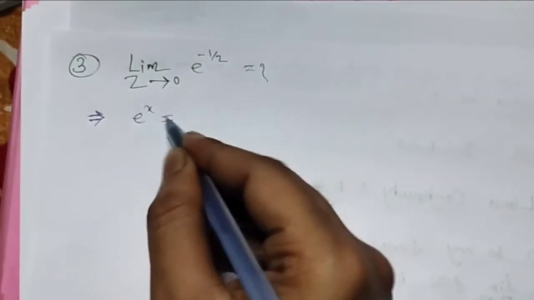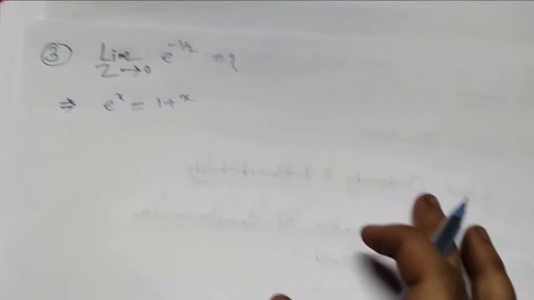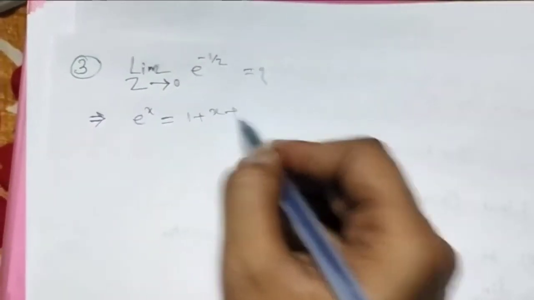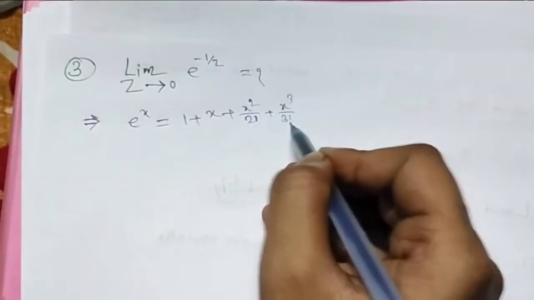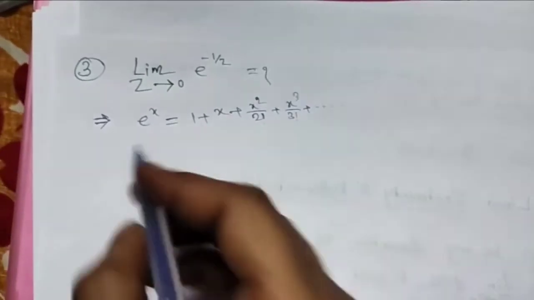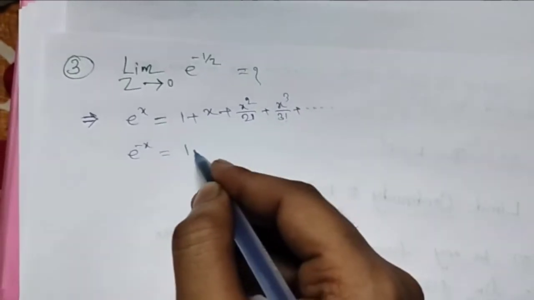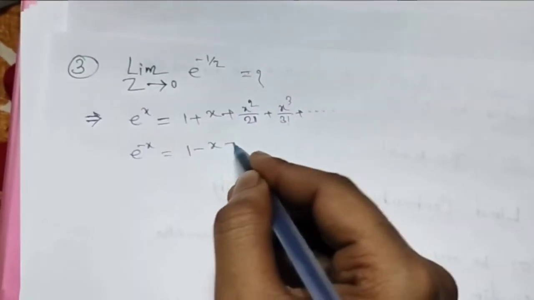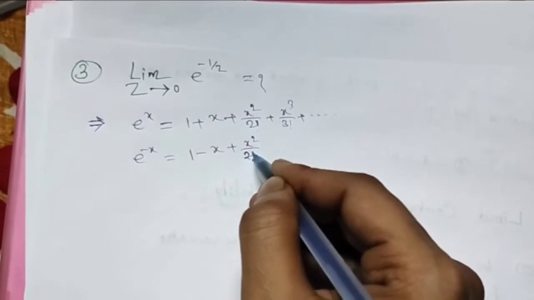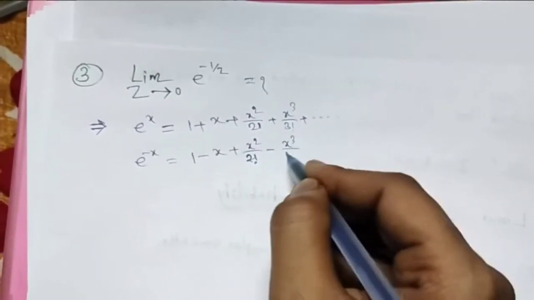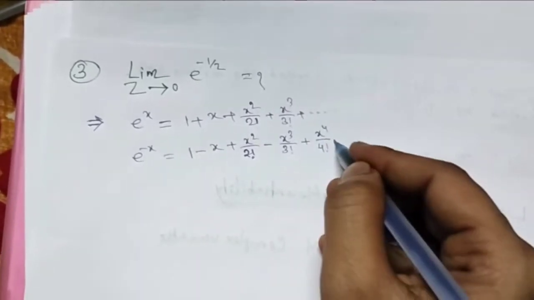So the expansion of e to the power x is 1 plus x plus x square by 2 factorial plus x cube by 3 factorial, and this continues. And the expansion of e to the power minus x is 1, where the signs alternate: 1 minus x plus x square by 2 factorial minus x cube by 3 factorial plus x to the power 4 by 4 factorial minus, and so on.